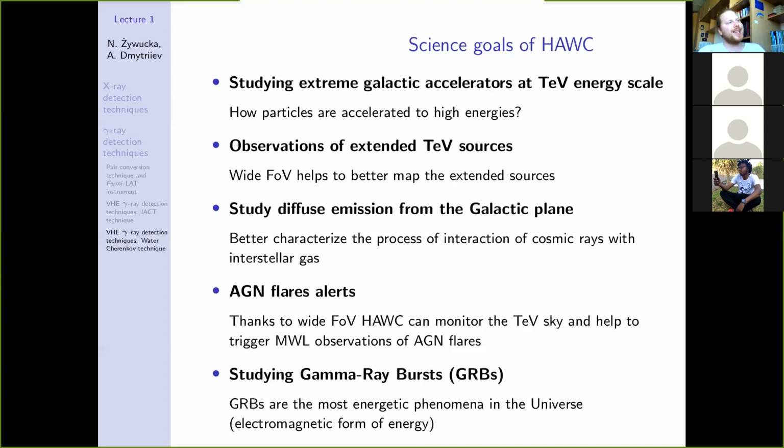And the acceleration processes at this energy scale, like 100 TeV, are not that well known. There are different acceleration scenarios: shock acceleration, diffusive acceleration, magnetic reconnection, or more exotic scenarios.